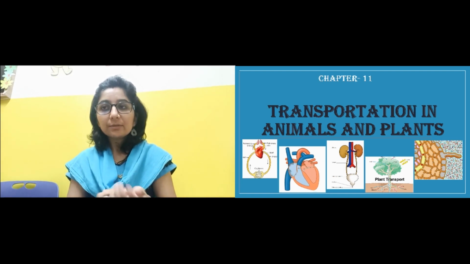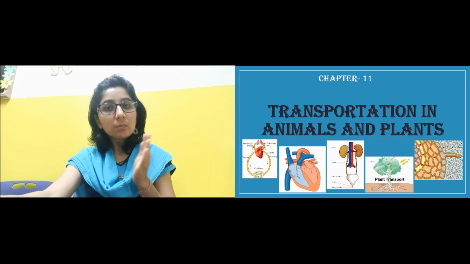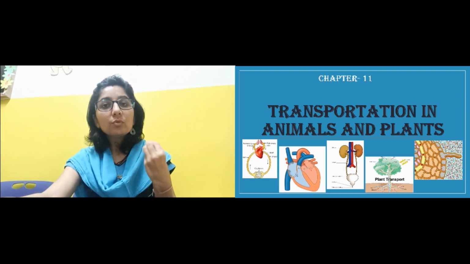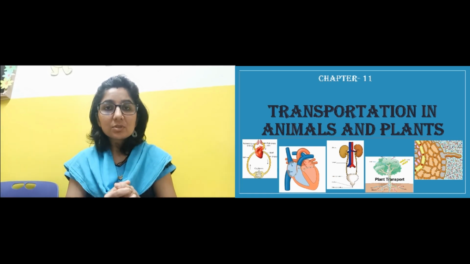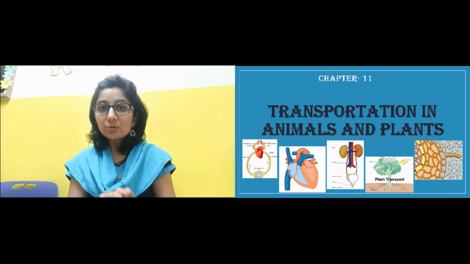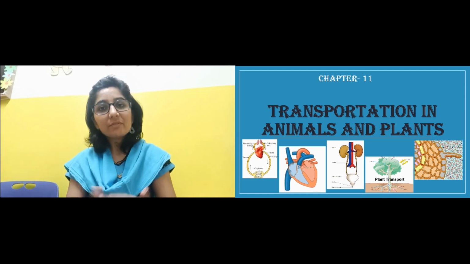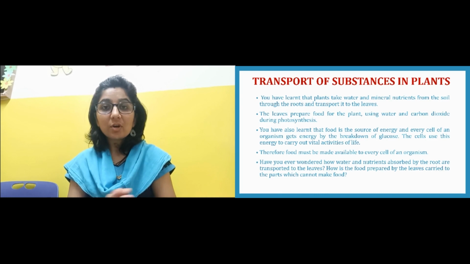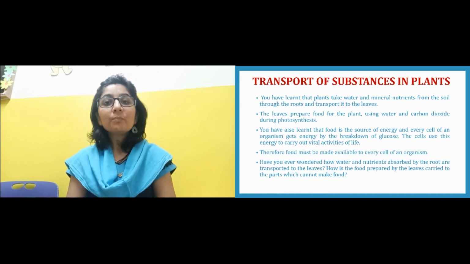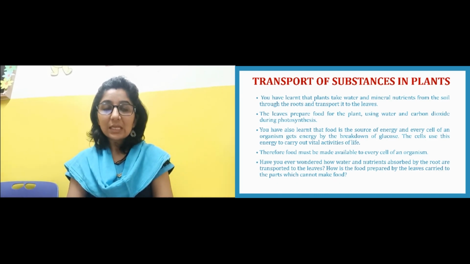As human beings have to transport and excrete various substances, plants also need to do this, because plants are also living organisms, and this is a characteristic of a living organism. So we will continue with the transport of substances in the plants.